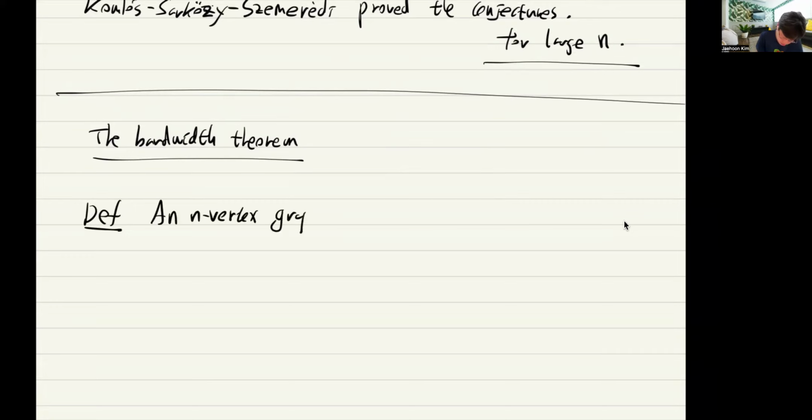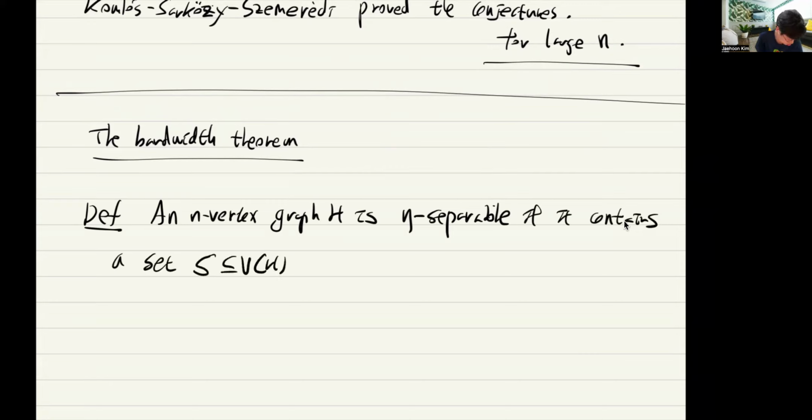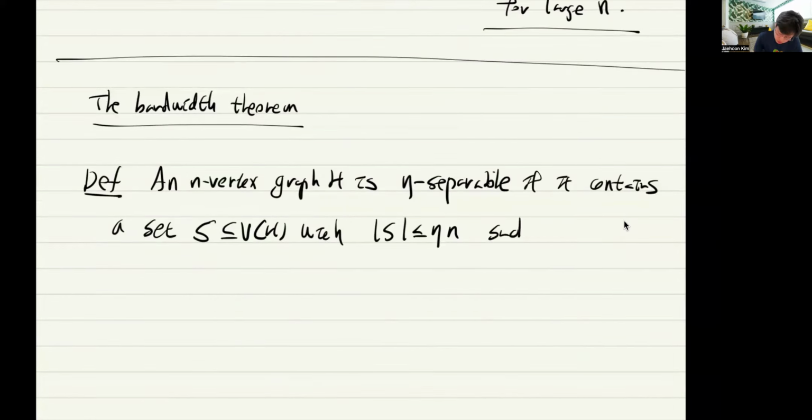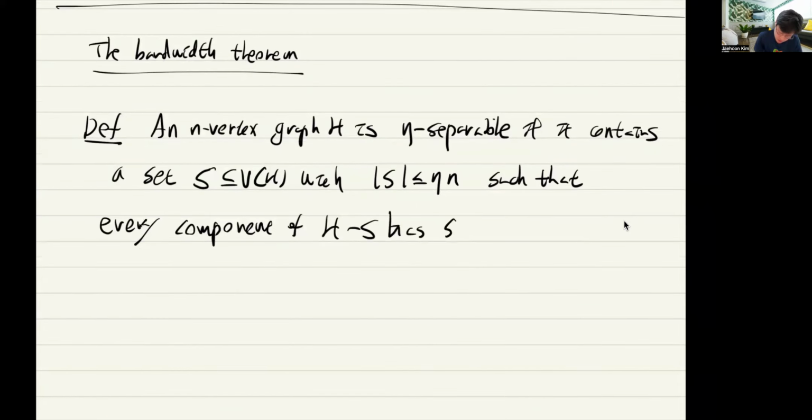An n-vertex graph H is eta-separable if it contains a set S which has size o(n), such that once you delete it, it totally disconnects the graph, in the sense that each component of H minus S has size o(n).